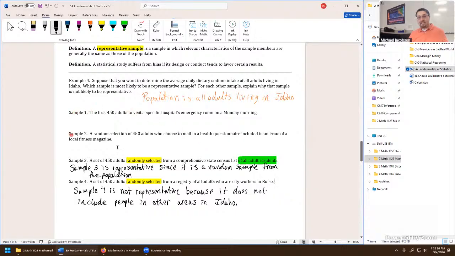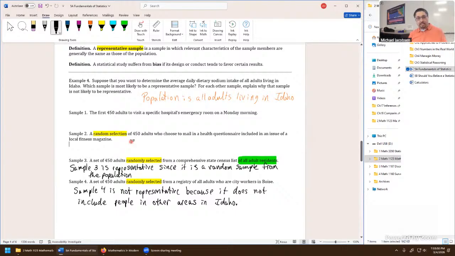Well, what about samples 1 and 2? Anyone see any problems with either of these? Well, maybe focusing on sample 2, it is a random selection. So again, that word is kind of nice to see there.